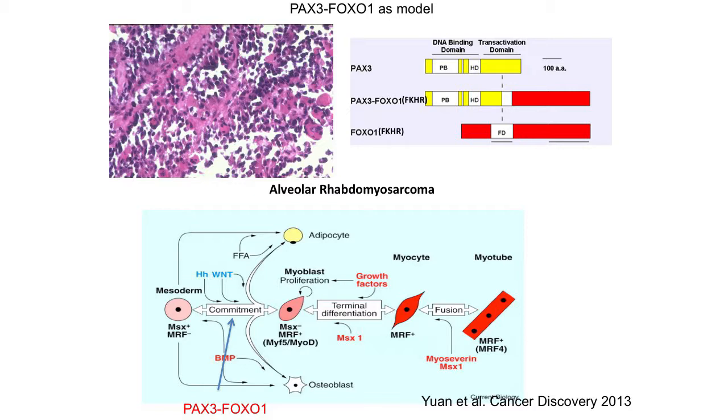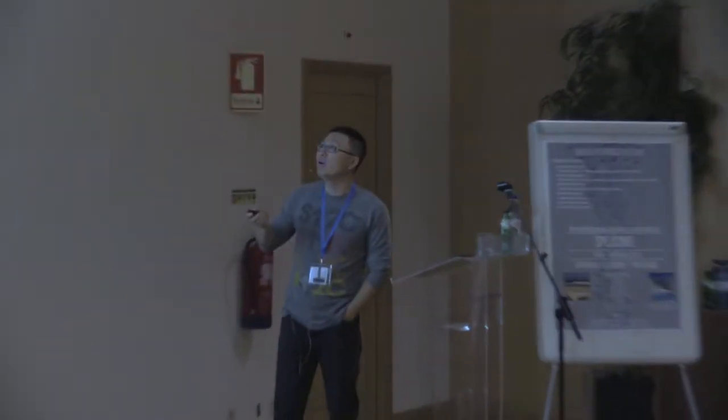And lo and behold, we did more work on this topic, looking at different time points of muscle differentiation. At time point 3, we identified a lot of fusion RNAs that are exactly expressed as the cancer cells have. This is only part of the story, but almost all of the fusion RNAs you see in cancer could later be detected at that particular time in normal physiology.